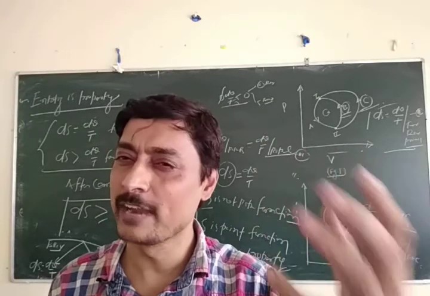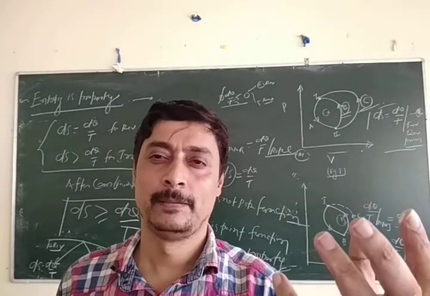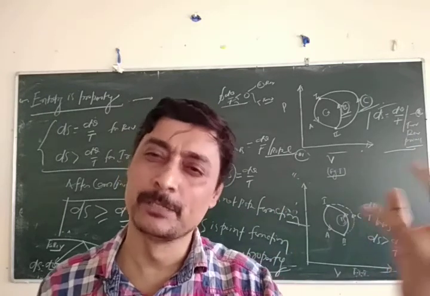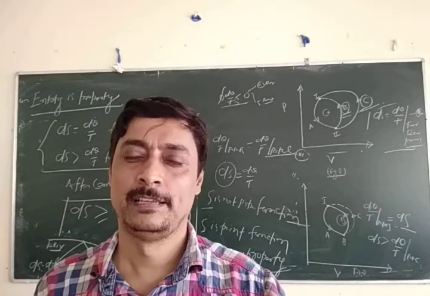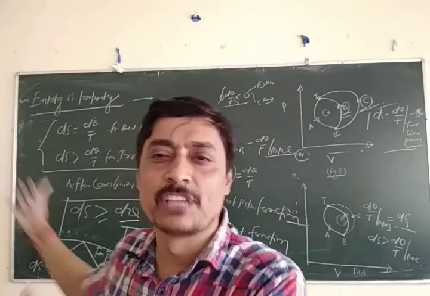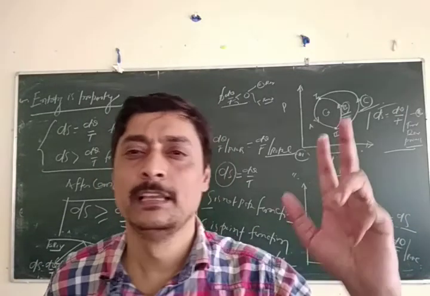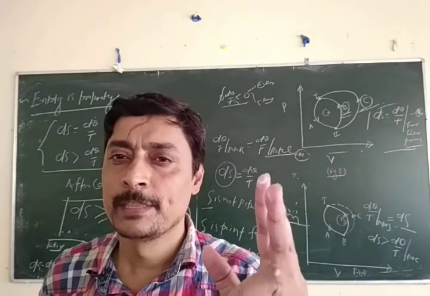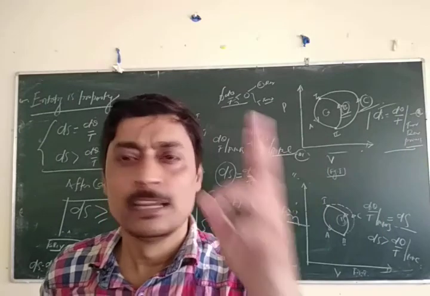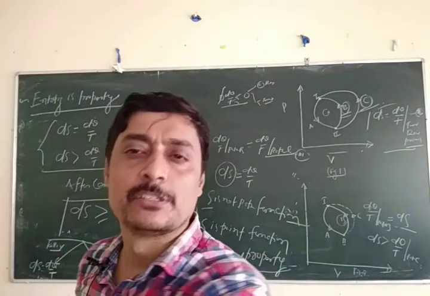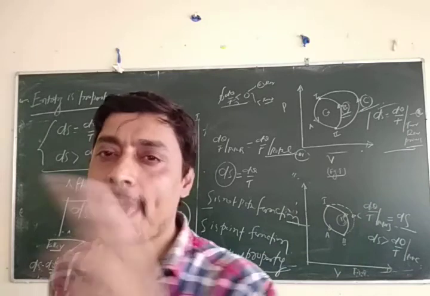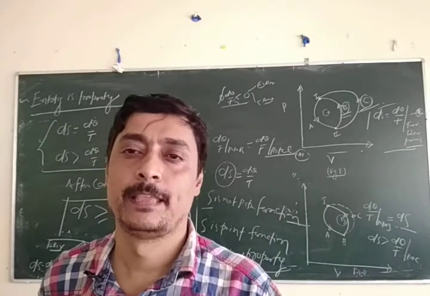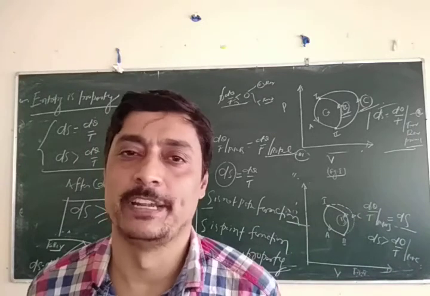First of all, you need to understand what entropy is, and how to define entropy for reversible and irreversible processes. In this derivation, we have defined two things. First, ds is greater than or equal to dq by T: ds will be equal to dq by T for a reversible process, and for an irreversible process, ds will be greater than dq by T. And the next point is that entropy is a property.